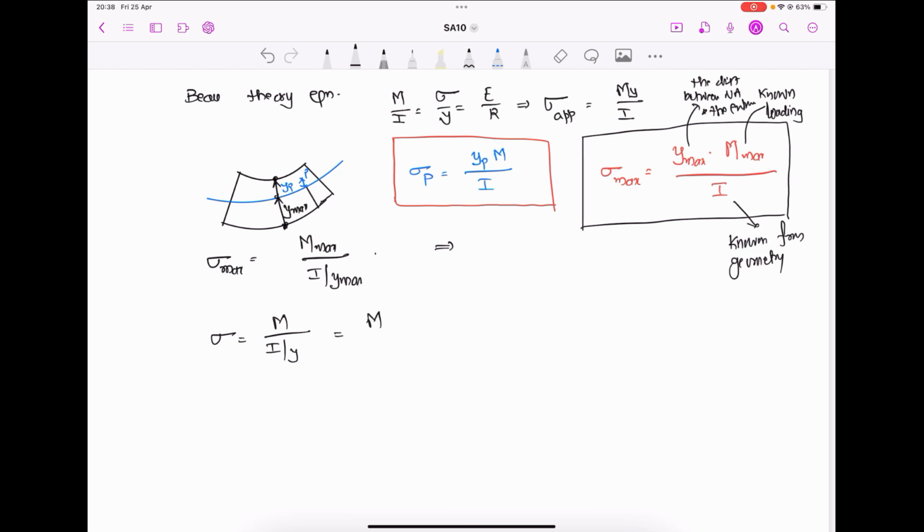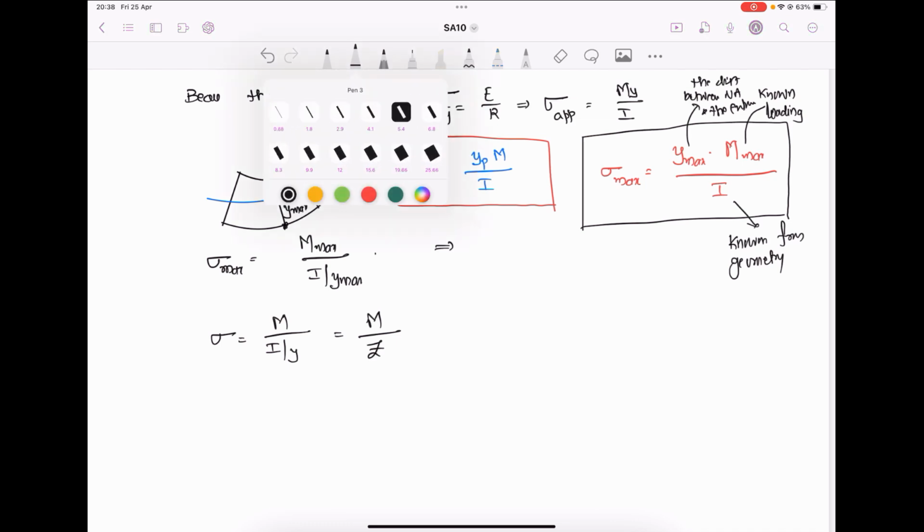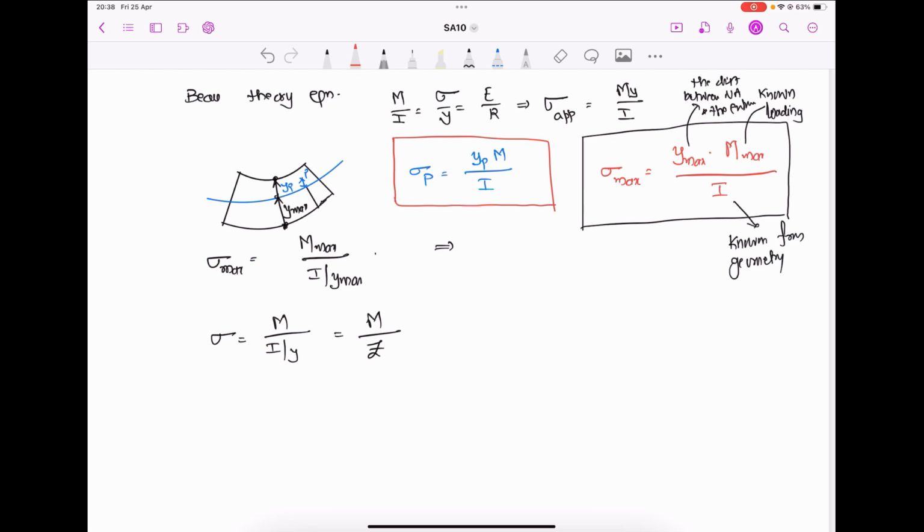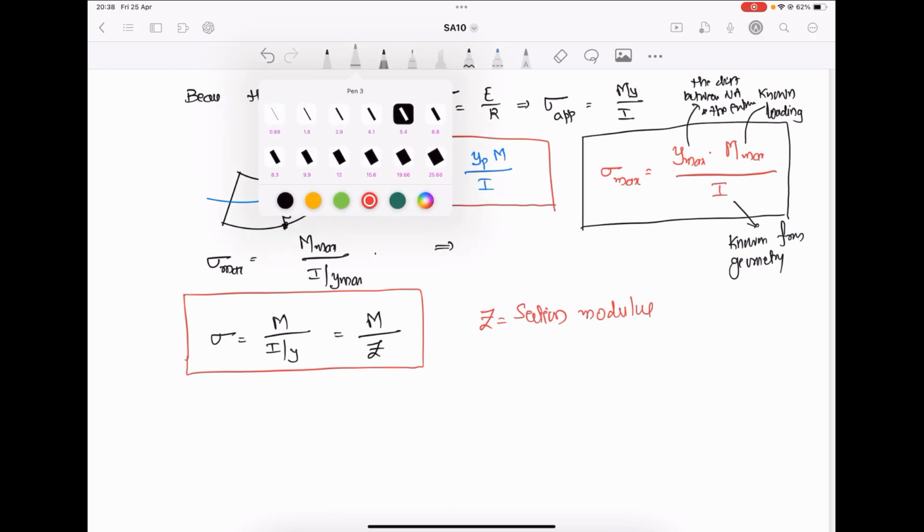This is M by Z. Very, very, very important formula. Please remember this. If I is known for a shape, Y is known, Y max is known, then I by Y is equal to Z. Z is called the section modulus.